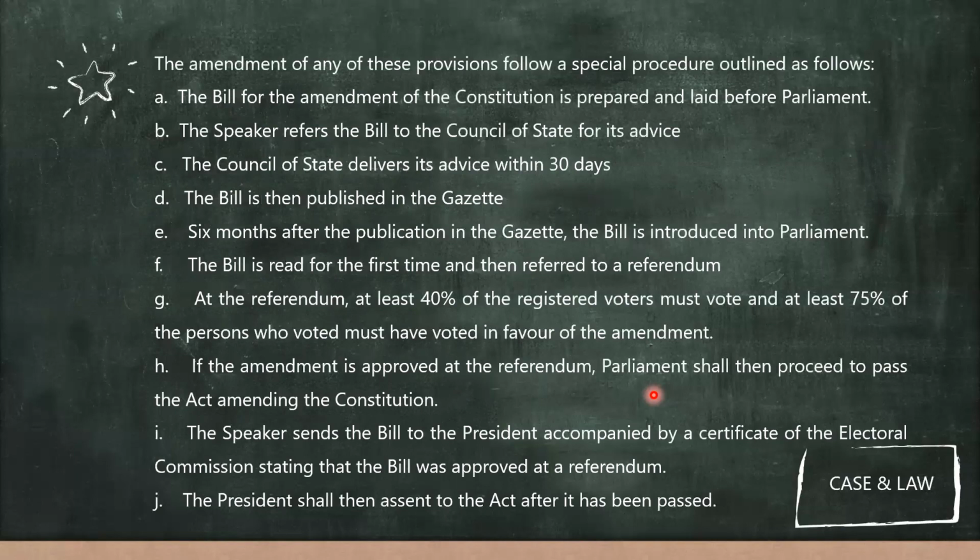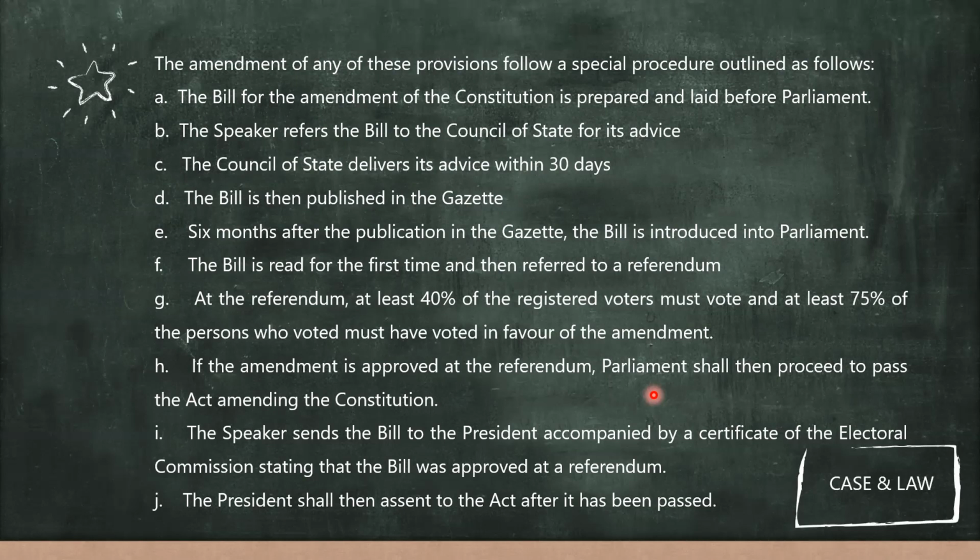Good. So the amendment of these provisions follows a very special process, and we have outlined it here. First, there must be a bill. A document for the amendment is prepared and must be laid before Parliament. The Speaker of Parliament would refer the bill to the Council of State for its advice if they have any, and the Council of State has 30 days to respond.